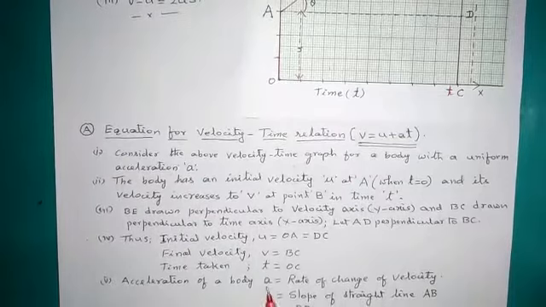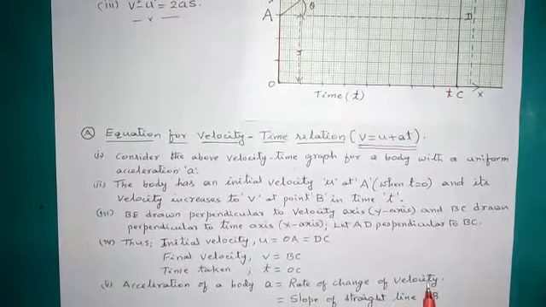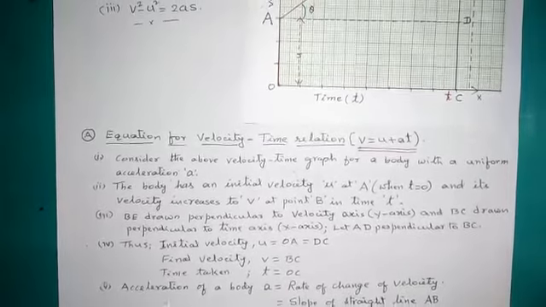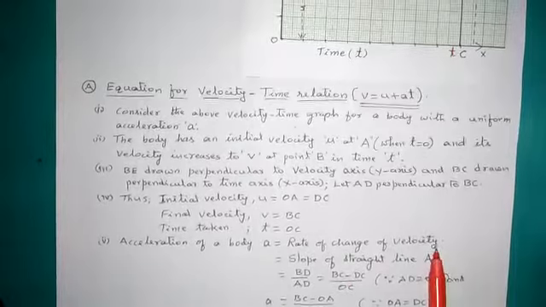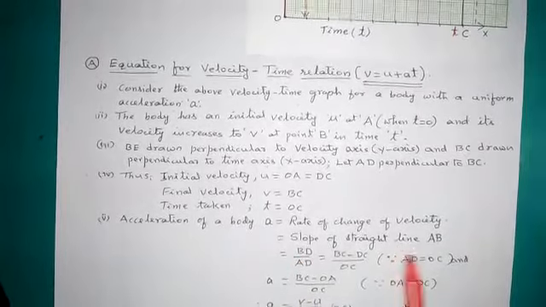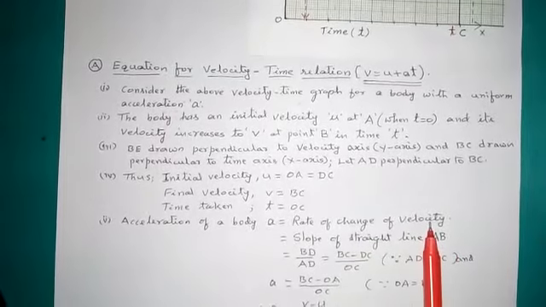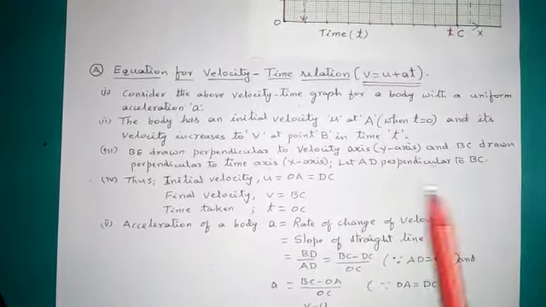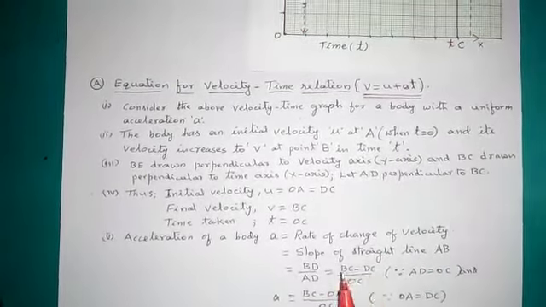Now, acceleration a of a body is equal to the rate of change of velocity, as we have learnt in the theory. Therefore, the slope of the straight line AB is equal to the rate of change of velocity. In the graph, the slope of the straight line is equal to the acceleration.